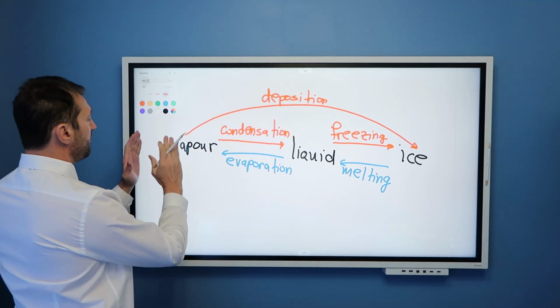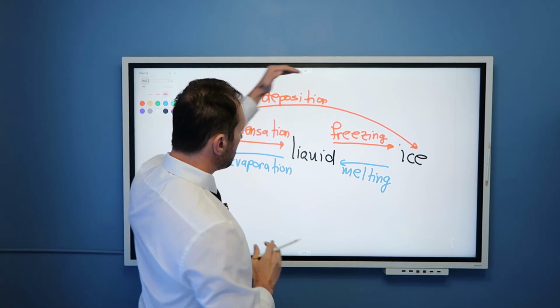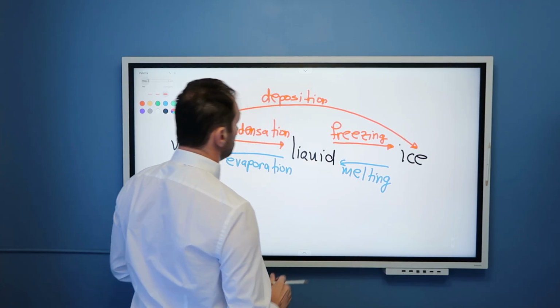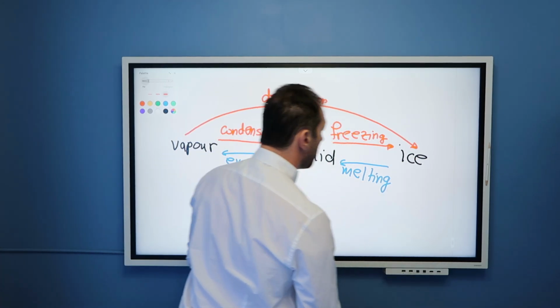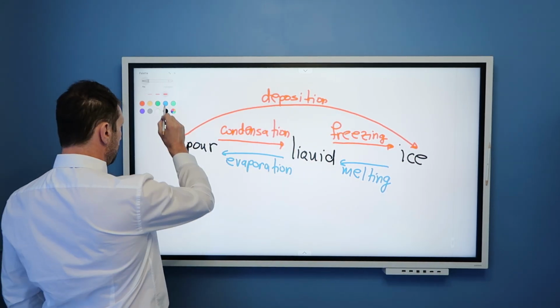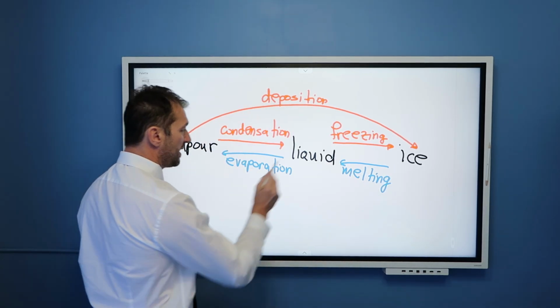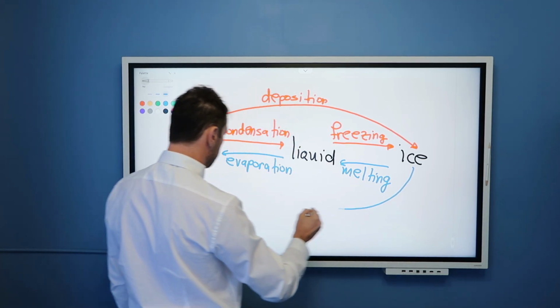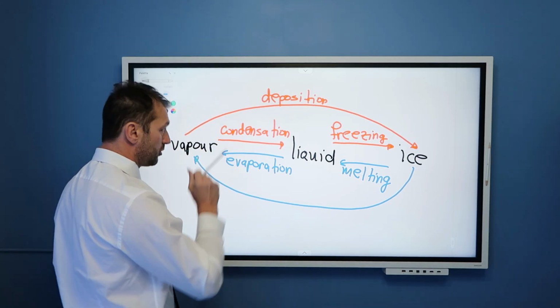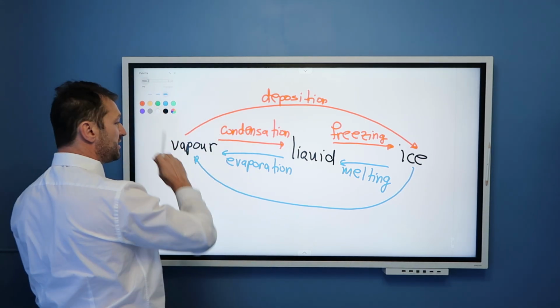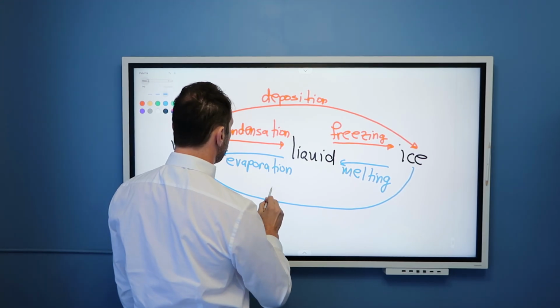We would say that water vapor molecules are getting deposed on an ice particle. And then can we go from ice to vapor directly without the liquid phase? The answer is yes. So this arrow is also possible. And what is the name of this process? That's called sublimation.